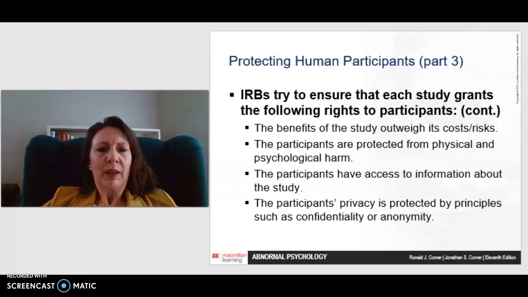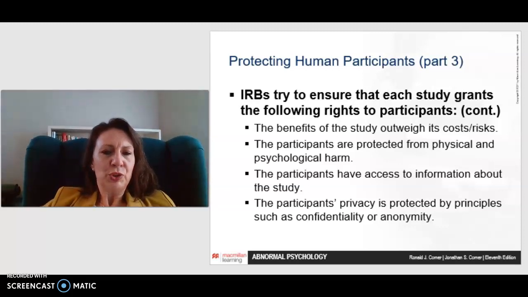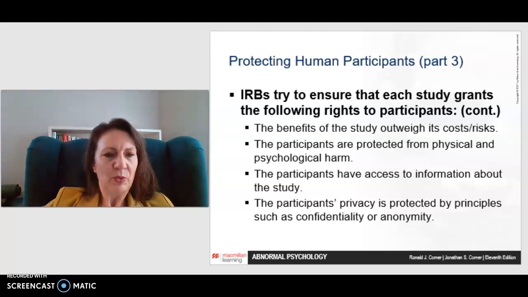And they also try to make sure that the benefits of the study outweigh its costs or risks, that the participants are protected from physical and psychological harm, as I said, and that participants have access to information about the study. And finally, that their privacy is protected by principles such as confidentiality or anonymity. So we're not giving any information out to the public about what has happened with them in the study.